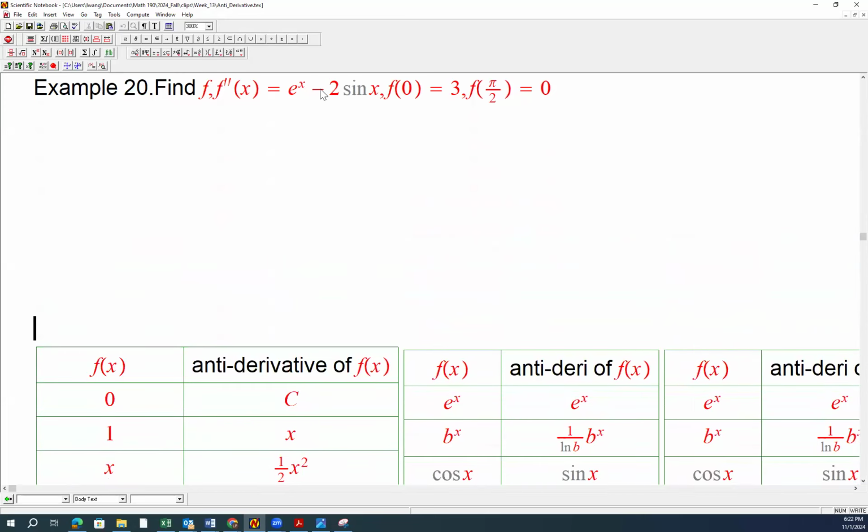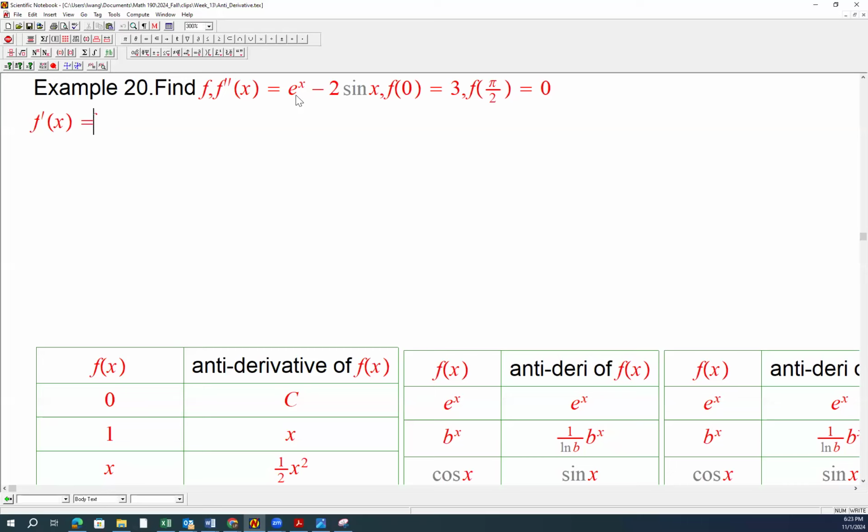This one involves an exponential function and a trig function, right? We have 2 conditions, but these 2 conditions are both about the function. None of them is about the first order derivative. So here we go. First we get f prime of x.